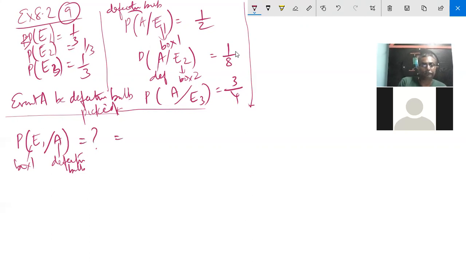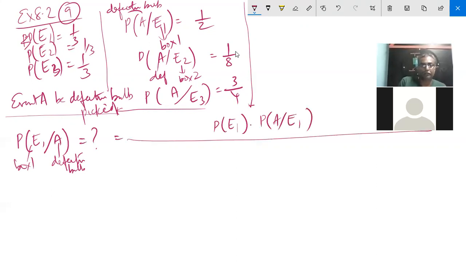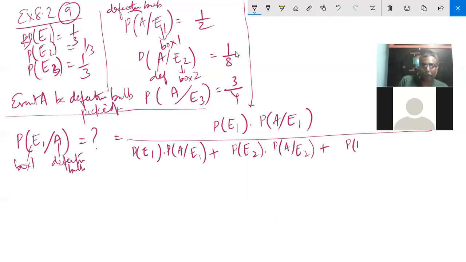That is equal to P of E1 into P of A given E1, divided by P of E1 into P of A by E1 plus P of E2 into P of A by E2 plus P of E3 into P of A by E3.